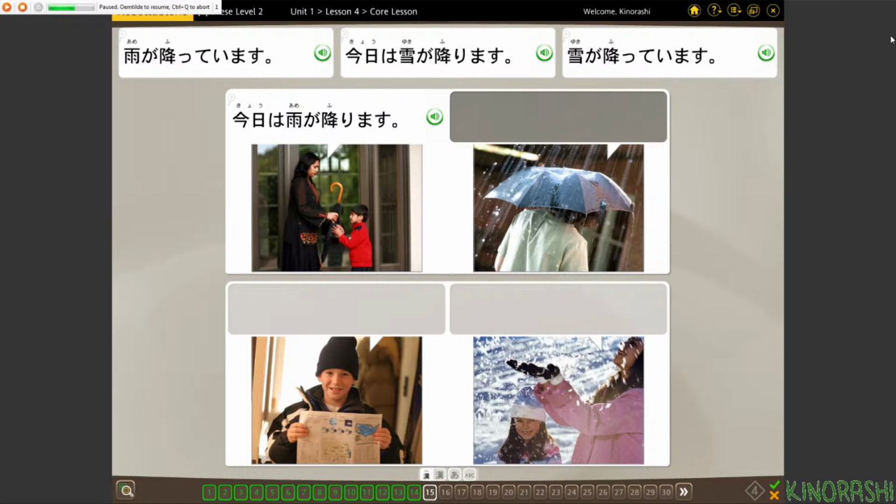So let's look that up. Okay, so furimasu conjugate. Yeah, so fute.